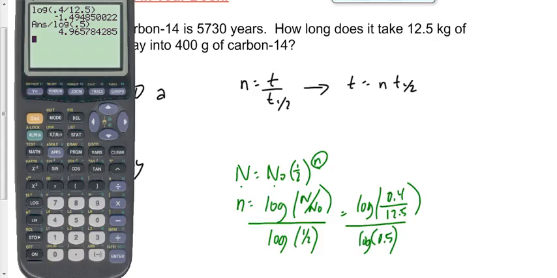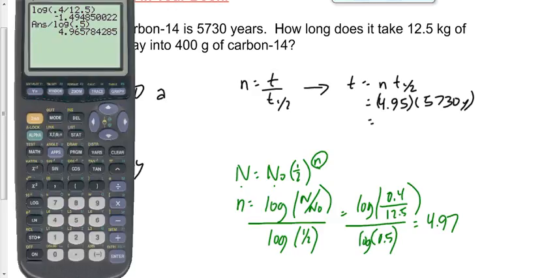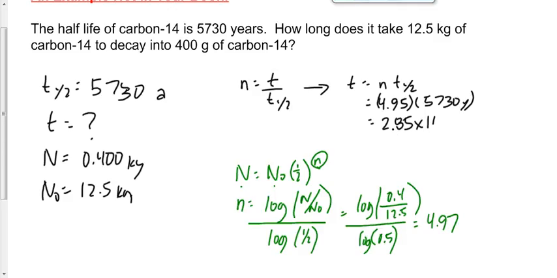I end up with 4.97. Little n is 4.97. So if I multiply that number by the half-life of 5,730 years, we end up getting a total time of 28,453 years. 2.85 times 10 to the 4 years. 28,000 years have gone by before I'm down to 400 grams.